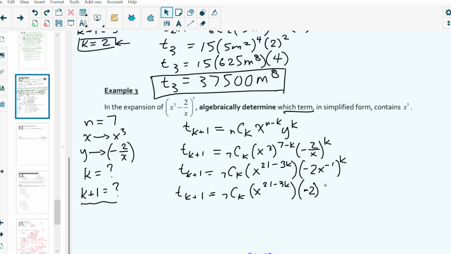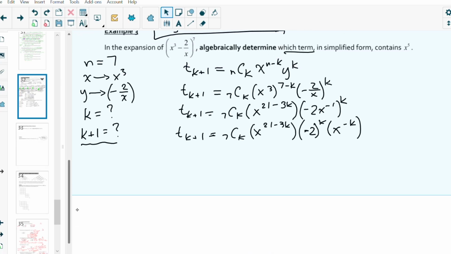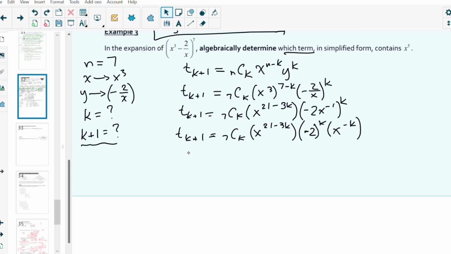I'm going to do this, negative 2 to the k. I'm going to distribute that exponent, so negative 2 to the k, and then x to the negative k. Okay, this will make my simplification a bit easier. Okay, we're getting there. Okay, here we go. Let's combine the two x terms.